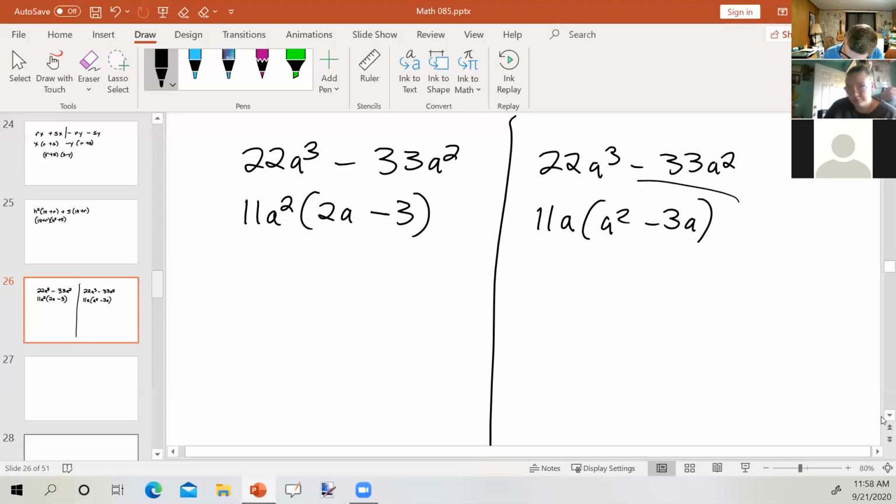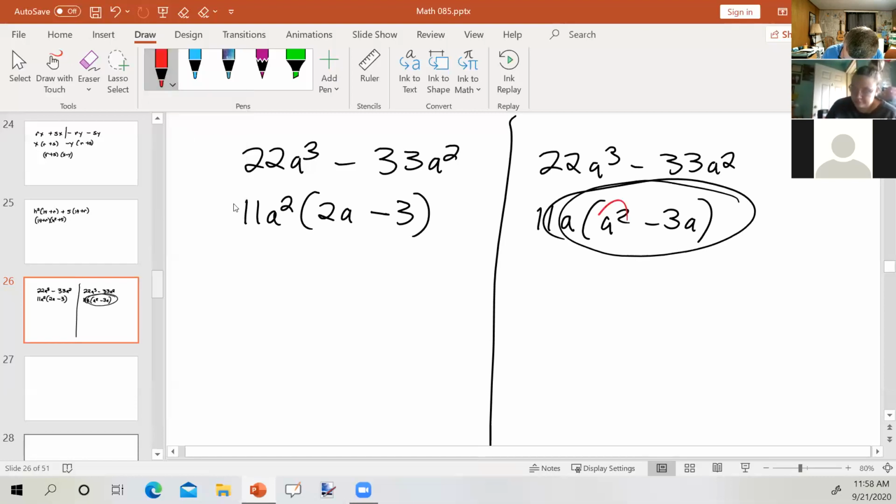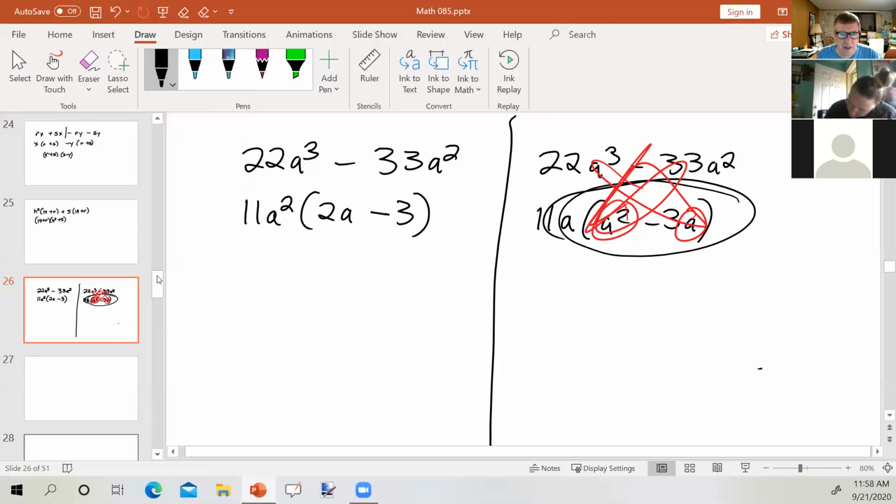But looking at my leftovers, I see that I could have taken out an a. So if that leftover still has something you can take out, then you didn't take out the greatest common factor. Start all over, go back and take out a bigger amount.